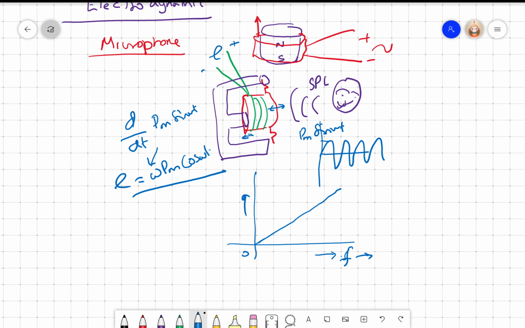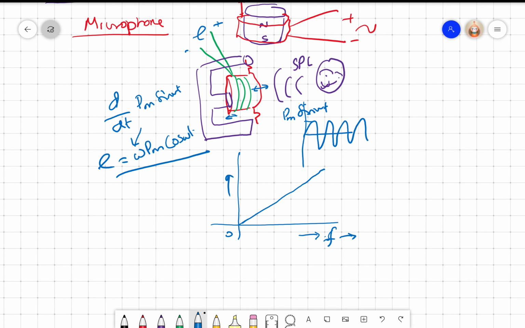So whenever we use an electrodynamic type of transducer, we always use what is known as compensating characteristics. So we put a signal conditioning circuit, right?